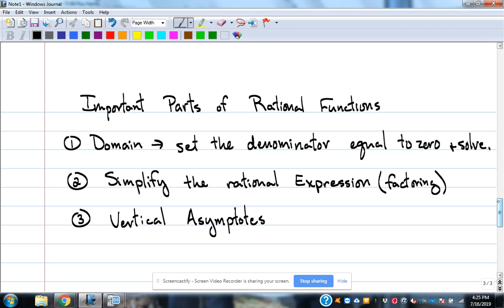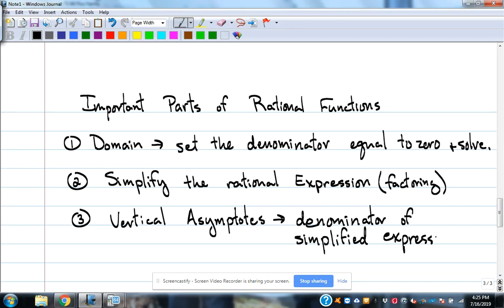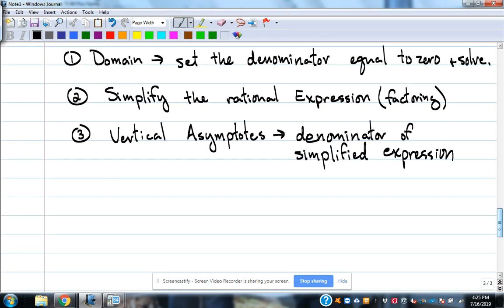If nothing's simplified out, then the denominator that you got when you found the domain, those are going to be your vertical asymptotes too. Okay. Sometimes you will cut out a few of them by simplifying, but it's going to be coming from the denominator. So we're going to look to the denominator to get those. So it's from the denominator of the simplified expression. Okay, that's where we're going to get those vertical asymptotes.